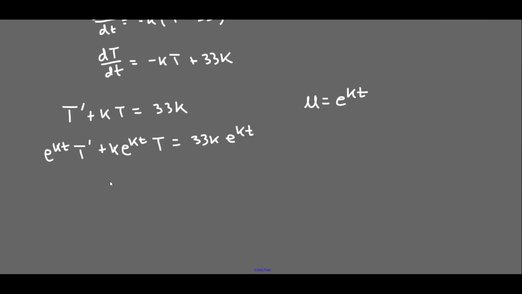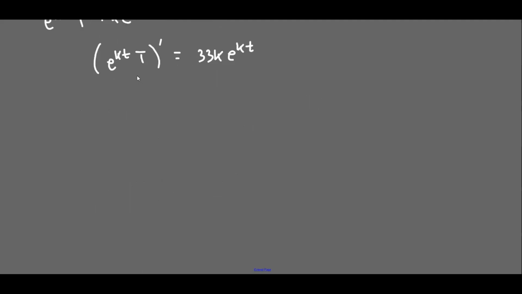We'll reverse the product rule for derivatives, and then take the antiderivative of both sides. Here that just gets rid of the derivative, which is with respect to little t. Since k is a constant, we'll divide by k.